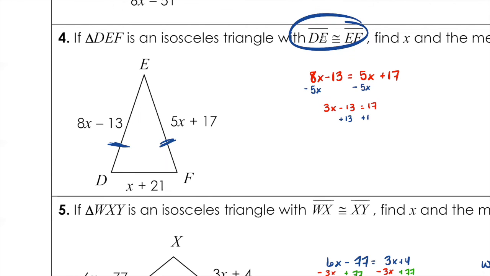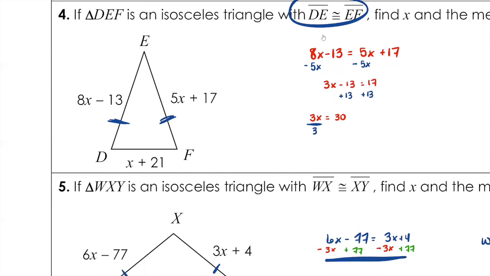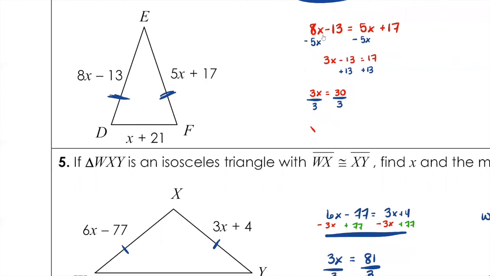Add 13. 3x equals 30. Divide both sides by 3. X equals 10.